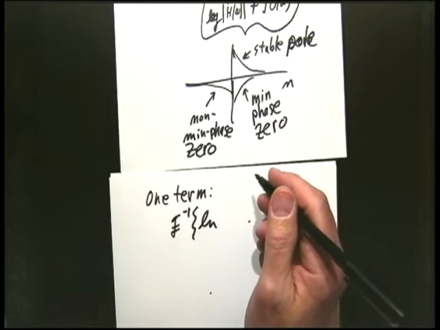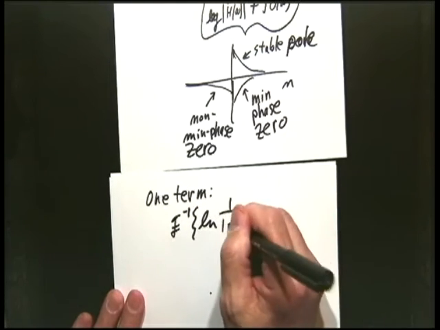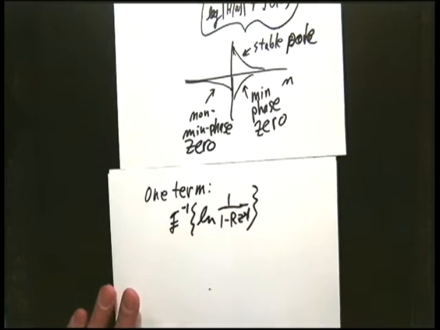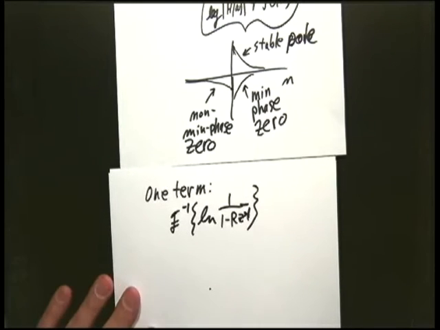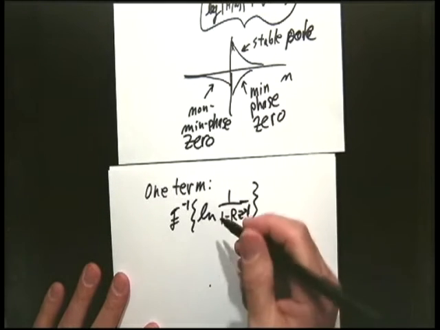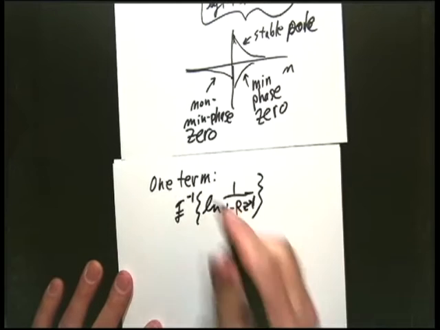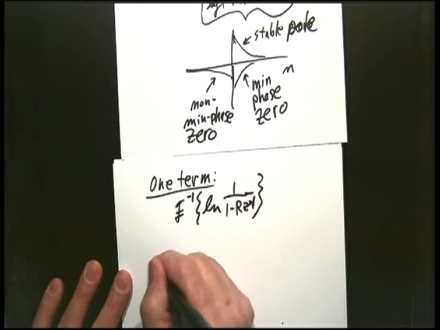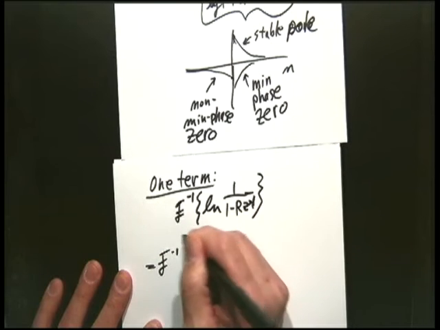A pole? All right, so we'll have one stable pole, 1 minus r z inverse. So it's a pole at r, and let's let r be complex so it can oscillate for generality. And so the way you derive this is you basically find the series expansion of this.